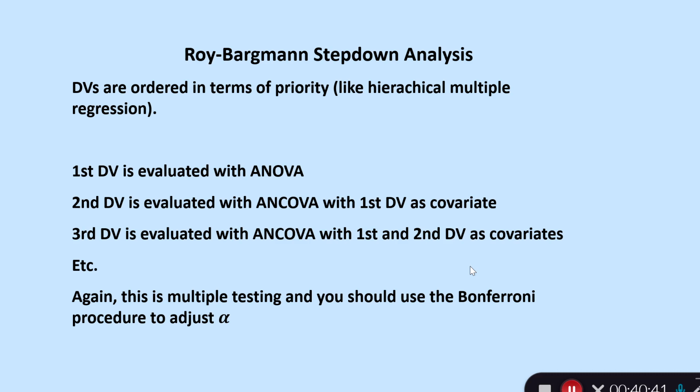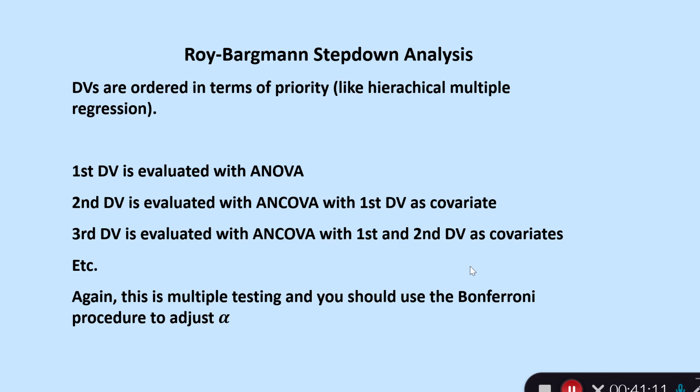Based on theory, based on what you know about the research, your predictions and hypotheses, you take your highest priority DV and you perform an ANOVA with that highest priority DV as the DV. So the first DV is evaluated with an ANOVA, as it says on that slide.